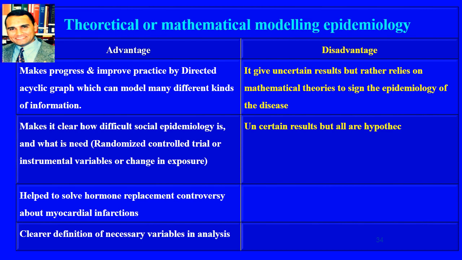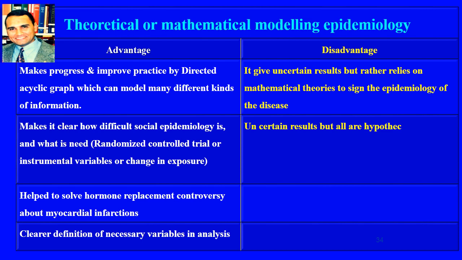Comparison of theoretical or mathematical modeling epidemiology, its advantages and disadvantages. We will note that the advantages of this epidemiology are that it makes progress and improves practice by directed acyclic graphs, which can model many different kinds of information including infectious diseases.